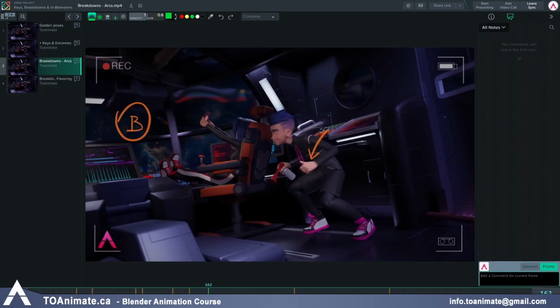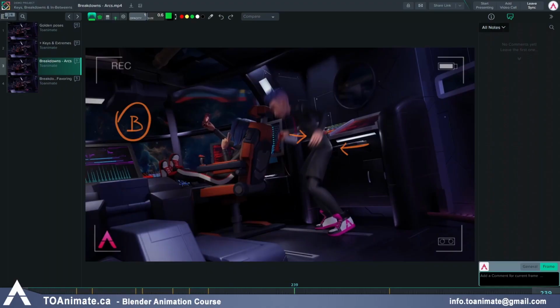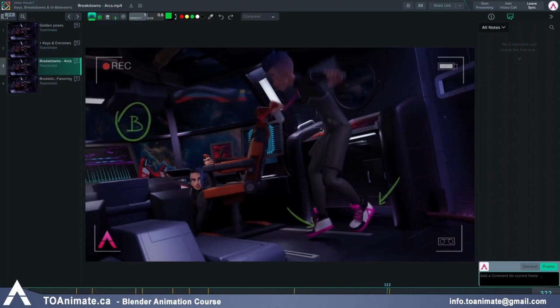Next up we have 162. Here there's a hand arc. Next up we have 239, and here the hand but also the body arc throughout here. And then last one would be 324, where the feet travel in an arc instead of a straight line across the floor.